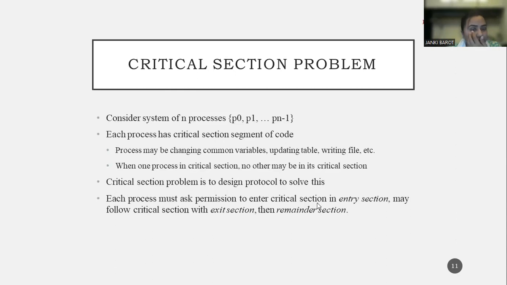Critical section problem: consider a system of n processes, P0, P1 up to Pn minus 1. Each process has a critical section segment of code. A process may be changing a common variable, updating a table, writing a file.